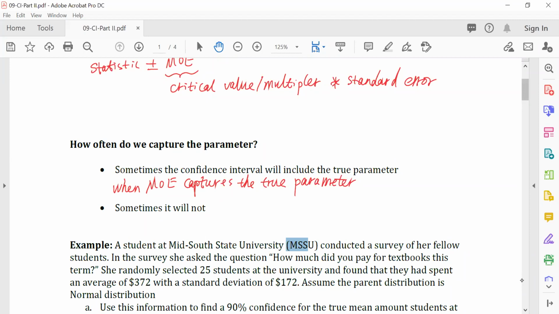Sometimes it will not. If you guys still remember the graph we have seen, we constructed 100 confidence intervals, and 5 of them didn't capture the true parameter. That is usually happening when your value of statistic is extreme, which means it's far from the parameter.